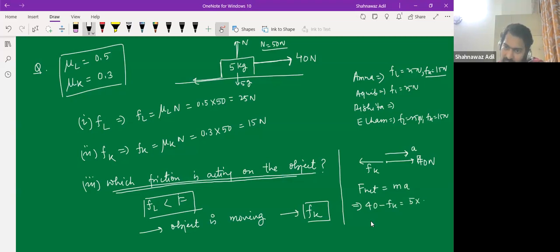So 40 minus Fk, which was 15, equals 5 into A. So 25 equals 5A, so this is 5 meter per second square. Understood, everyone? Yes, sir.